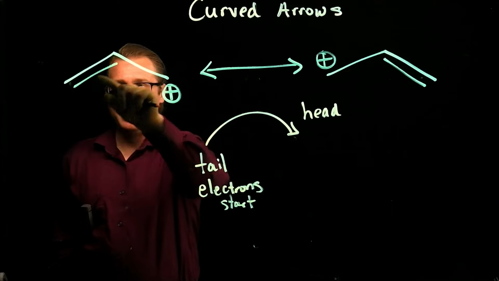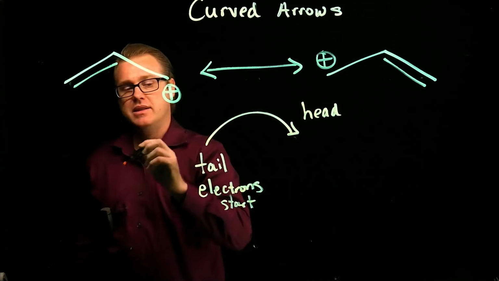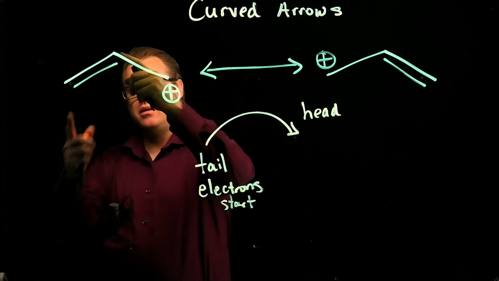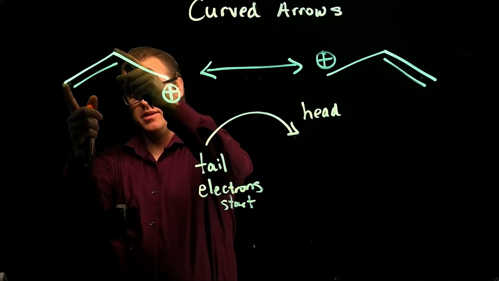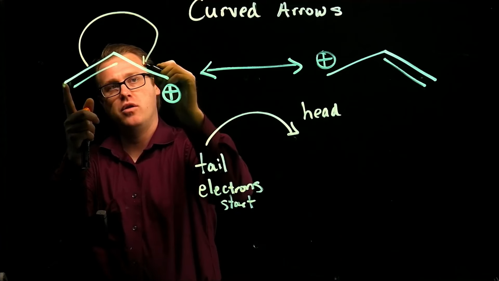I can see that these pi electrons are moving over here. So what I do is take the tail of the arrow and draw it in the middle of these two carbons. You take it and say these two electrons, the pi electrons, are going to move over there.